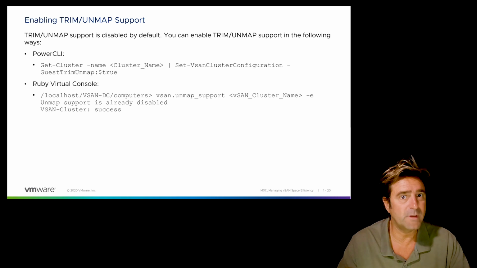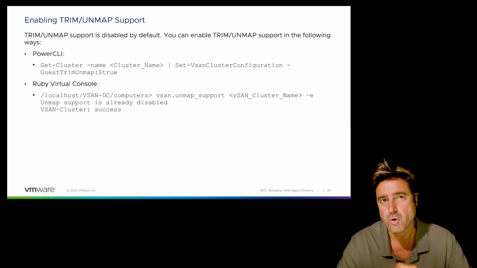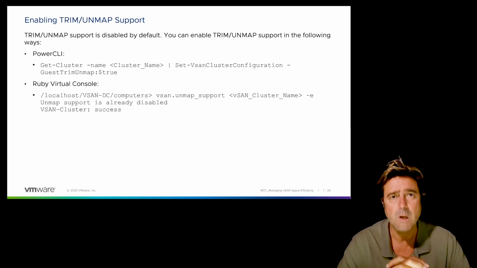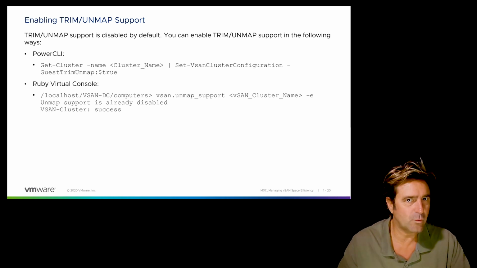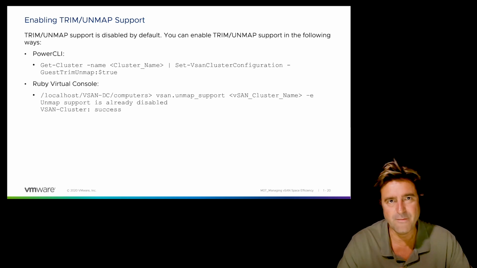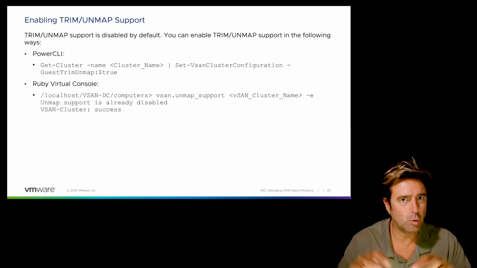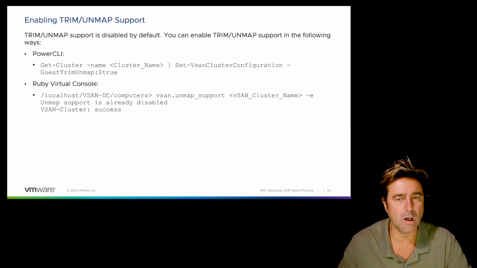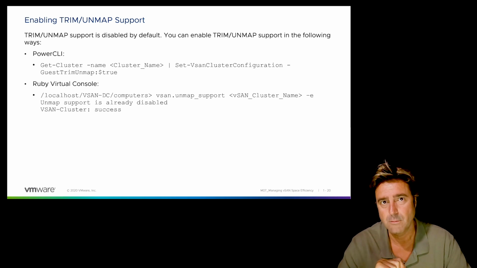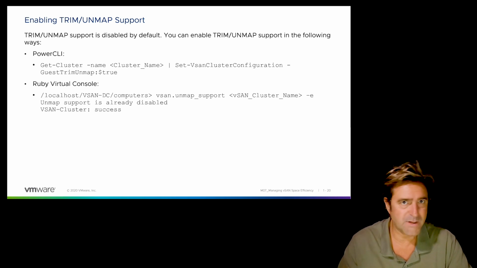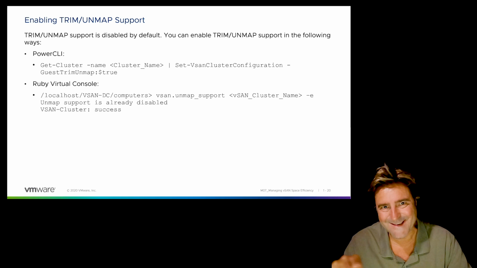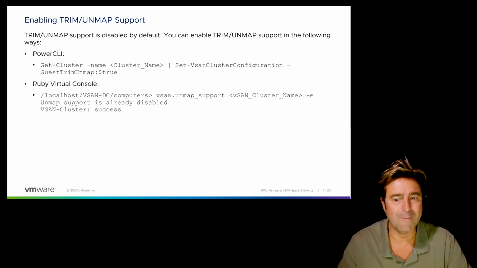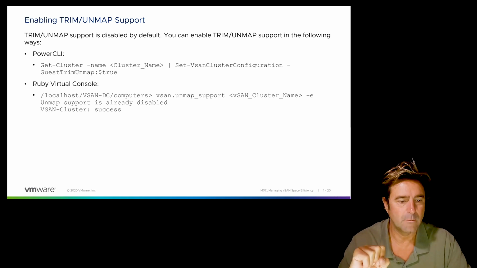Now, I am going to do a demo using the RVC. So remember, you're going to have to, number one, PuTTY into the vCenter server. Then you're going to have to access the RVC. And then with one command, you're going to enable trim and unmap. The command is vsan.unmap_support. And that command has two options, pretty much: -e for enable or -d for disable.